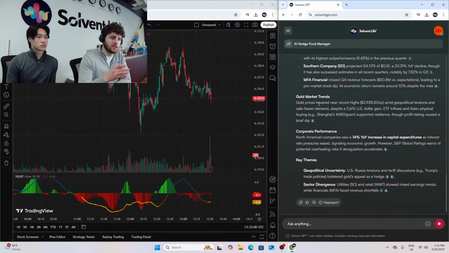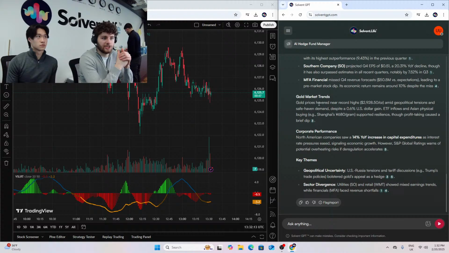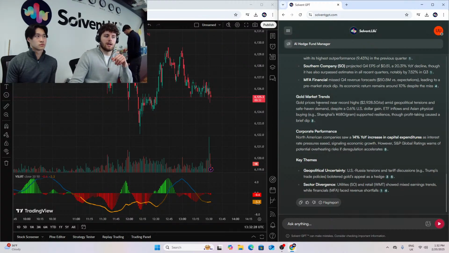Gold market trends. So gold, as I said earlier, is hovering near record highs amid geopolitical tensions and safe haven demand, despite a 0.6 US dollar gain. ETF inflows and Asian physical buying support this resilience, and this is causing a very brief dip. However, it's hovering around its all-time high, which is exactly what we want for anyone investing in gold or buying into gold.